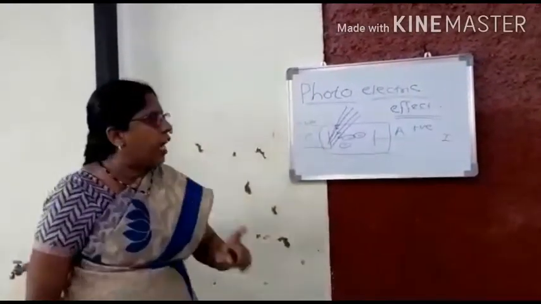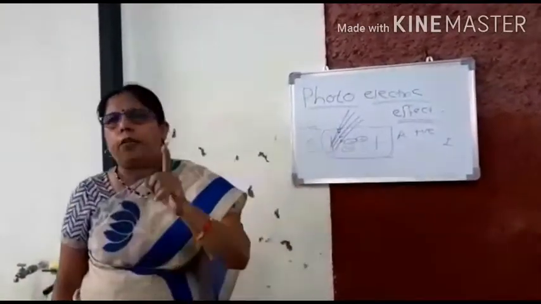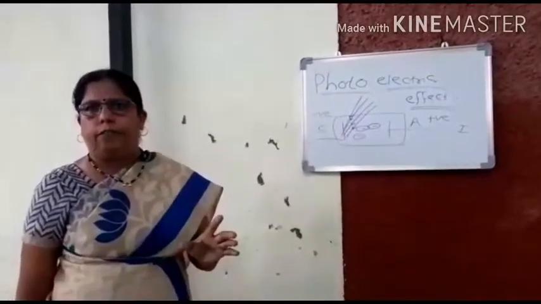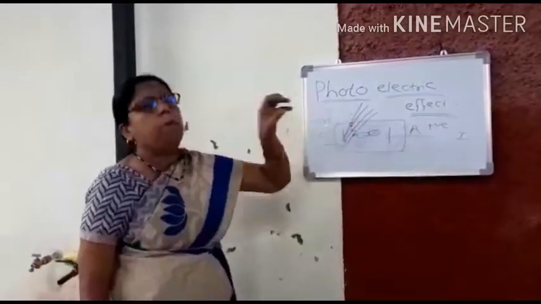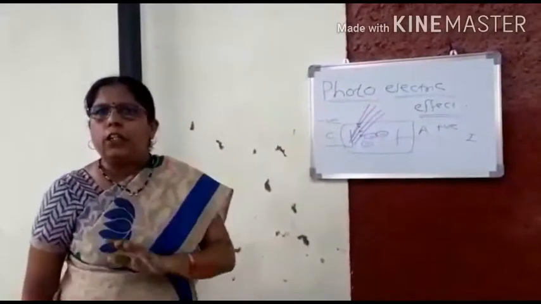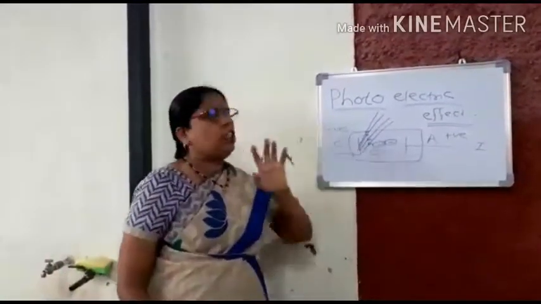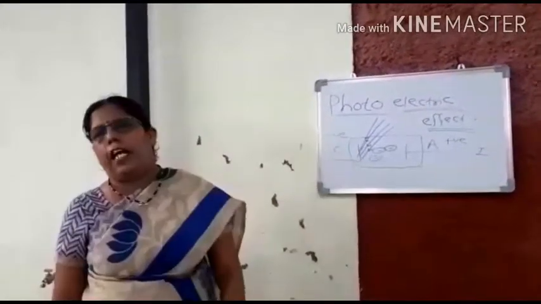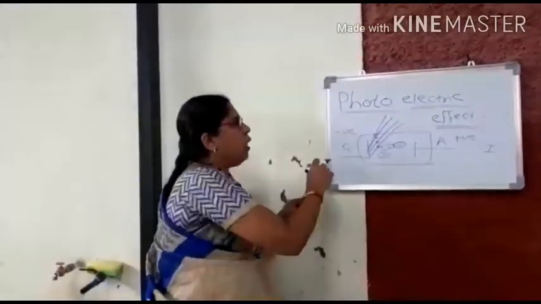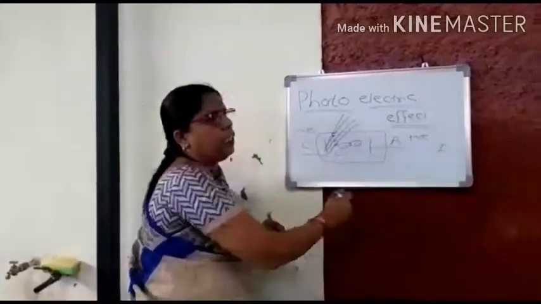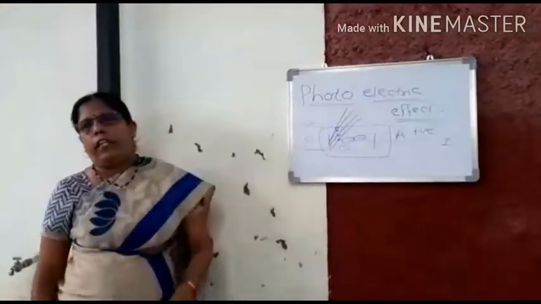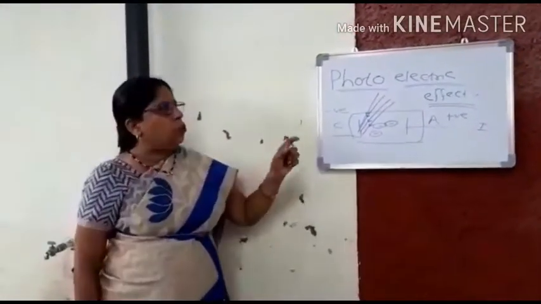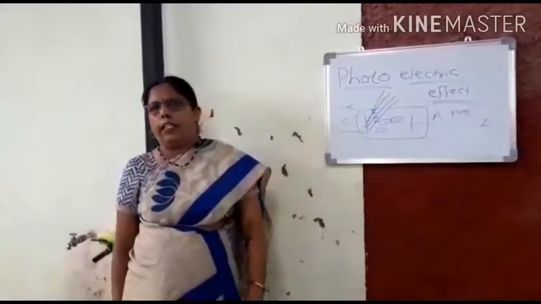Third condition: the anode must be connected to the positive polarity of the battery. As well as this, the tube must be evacuated, with no gap disturbance in the tube. This tube must be made of glass. If these conditions are satisfied, the photoelectric effect happens. And this total effect is known as the photoelectric effect.